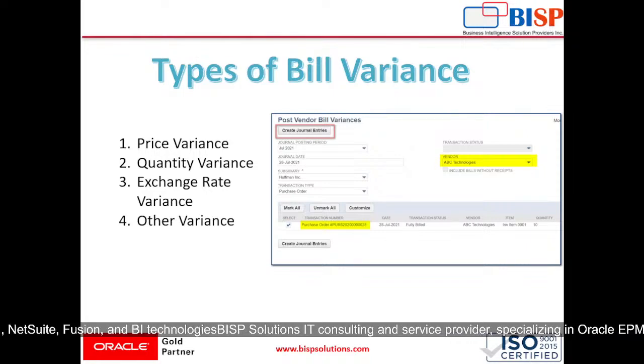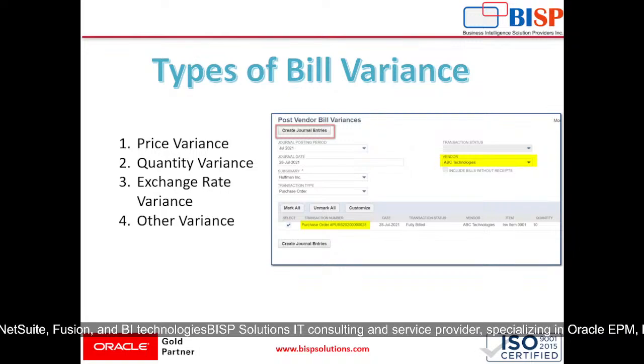Then exchange rate variance occurs when there is a difference in the exchange rate at the time of the purchase order and the time of the vendor bill for transactions involving foreign currencies. For example, if the exchange rate changes between the time of ordering and the time of billing, the cost in your base currency might differ, causing an exchange rate variance.